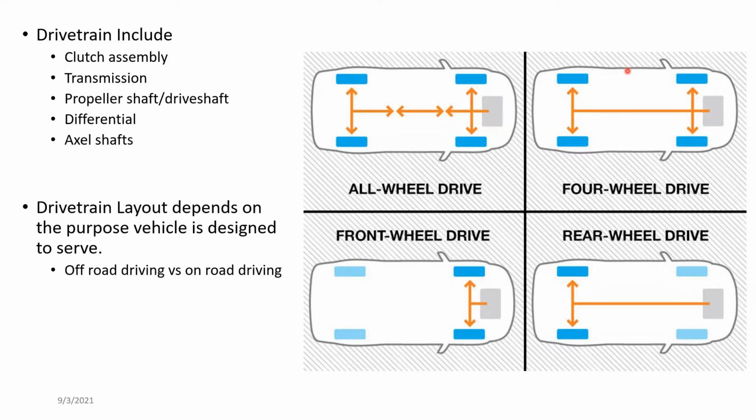So this all-wheel drive system is getting very popular now. Previously, the rear-wheel drive system was very popular and selected as the best layout for a vehicle, and it's still considered the best layout because of the steering dynamics.